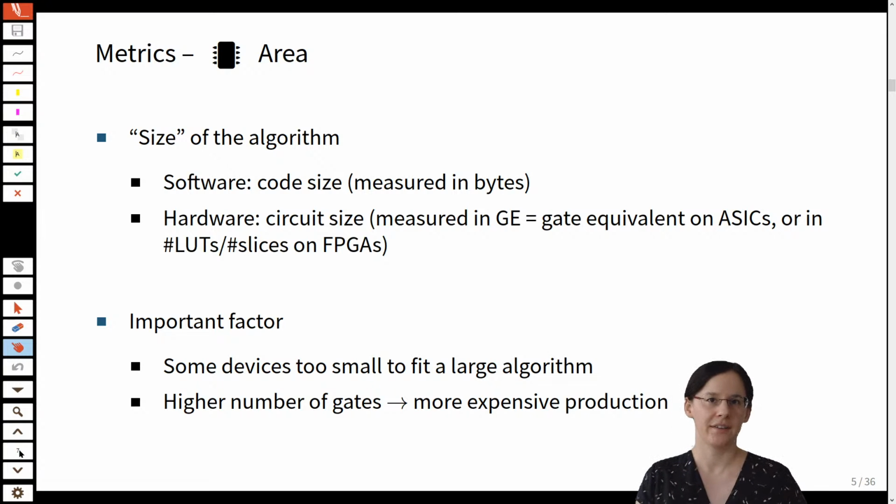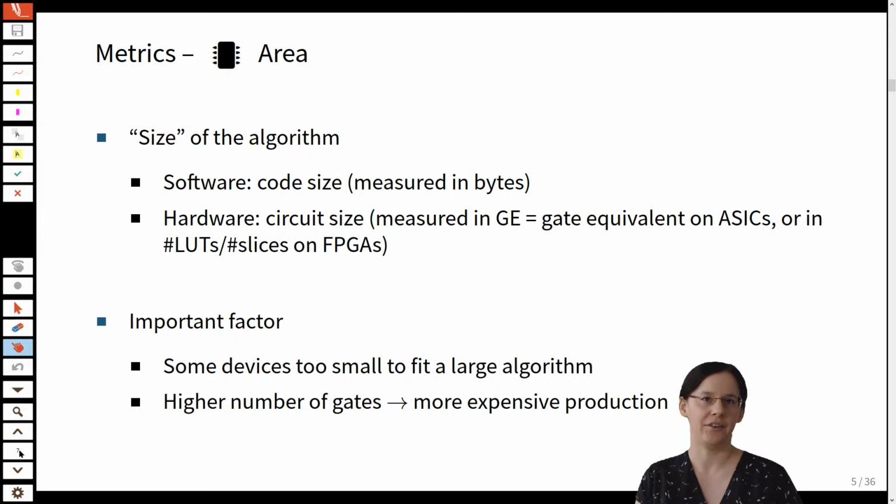Or if you look at something some people don't consider hardware, namely FPGAs, reprogrammable hardware, the area is usually measured in the number of lookup tables that you need to implement your cipher, or the number of slices.